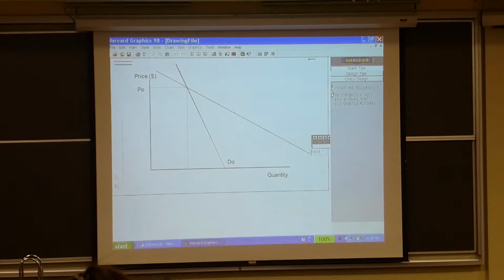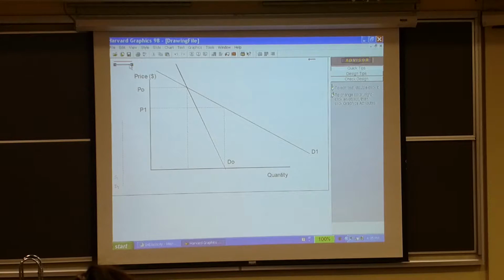Now, what is the difference between those demand functions? The difference is the responsiveness of quantity demanded to a change in price. Initially, they have the same price and the same quantity demanded, let's say. But then price falls, say, to there, like that. And we have a different increase in quantity demanded.